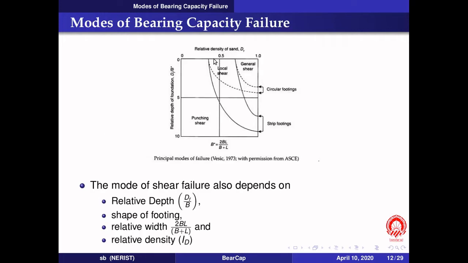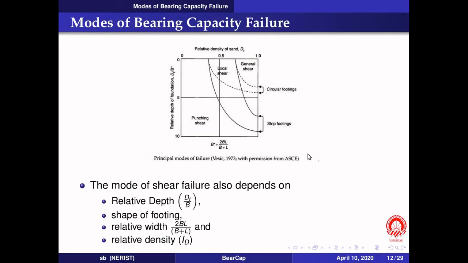Now of course these modes of bearing capacity failure, whether a foundation will fail in general, local, or punching shear, that not only depends on the density of the soil, it also depends on the relative depth of the foundation, which is the ratio of depth to the width of the foundation, and it also depends on the relative width in case of, say, a rectangular foundation.